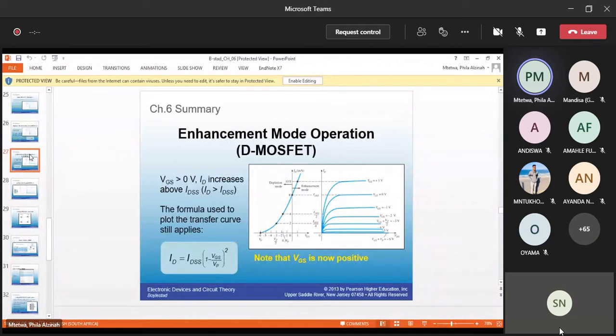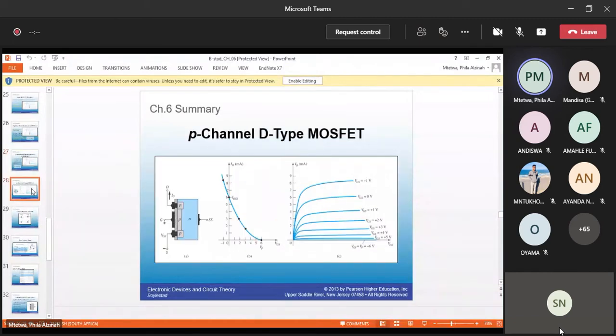That's a P channel depletion type MOSFET. You see now it has changed. The substrate was a P on the N channel. Now it's reversed. We have an N material as the substrate, and now the channel is a P, and everything else is still the same.